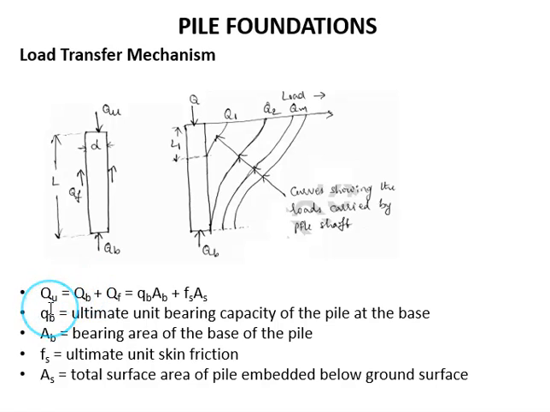So the ultimate load is equal to the sum of end bearing resistance and frictional resistance, which can be written as end bearing resistance multiplied by bearing area plus frictional resistance multiplied by surface area of the pile.